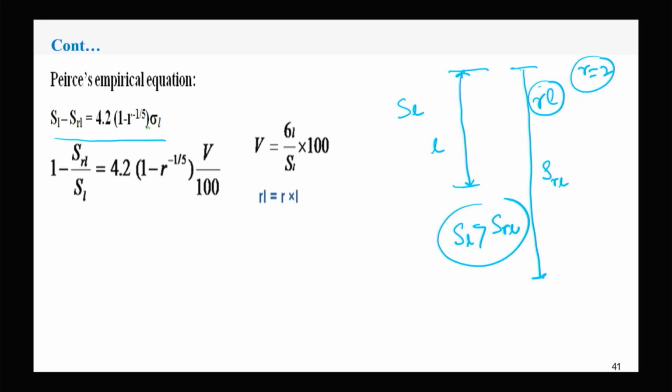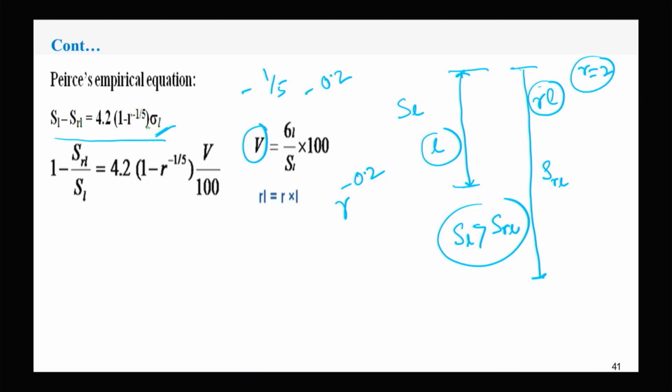The relationship is SL minus SRL equal to 4.2 multiplied by 1 minus R to the power minus 1 by 5, that means R to the power minus 0.2, bracket close, and by the standard deviation of yarn strength when we test with the gauge length L, so sigma L. This is the Pierce empirical relationship, and V here is the CV percent.